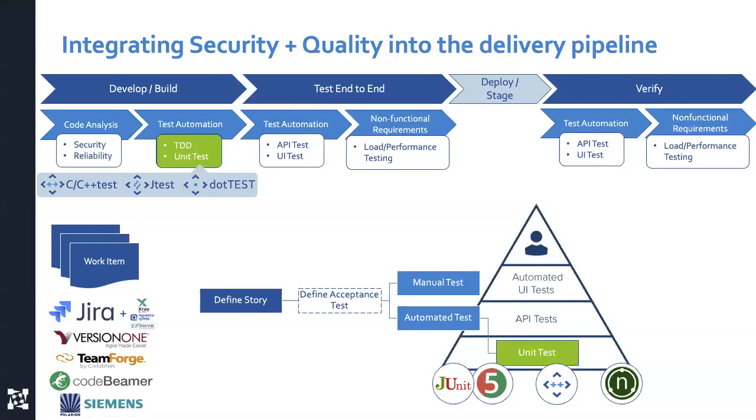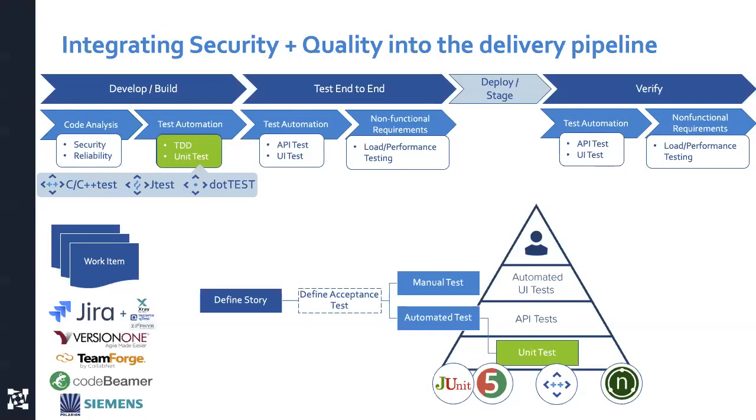Now, this lower level of the pyramid, and with the code analysis that we talked about a moment ago, is where Parasoft's development testing tools for C, C++, Java, and .NET can help. When it comes to unit testing with JUnit, we have technology which will actually help you with creation of those tests. We're not going to talk about that today.